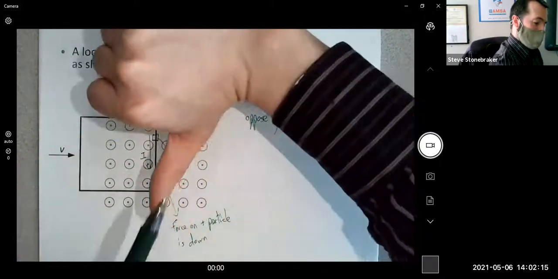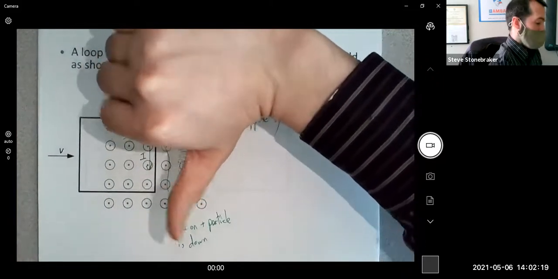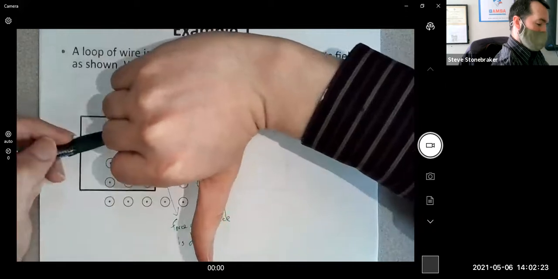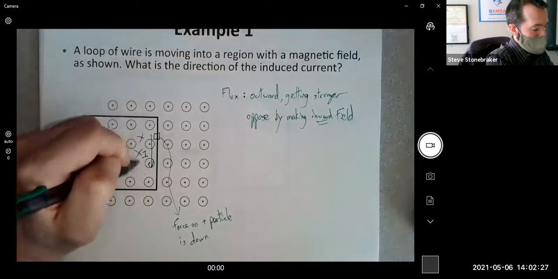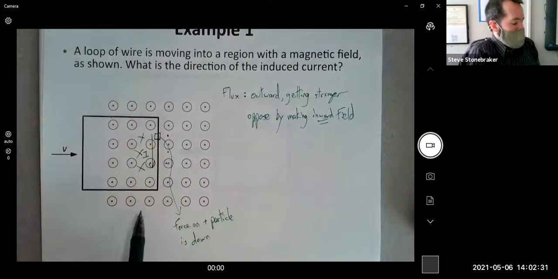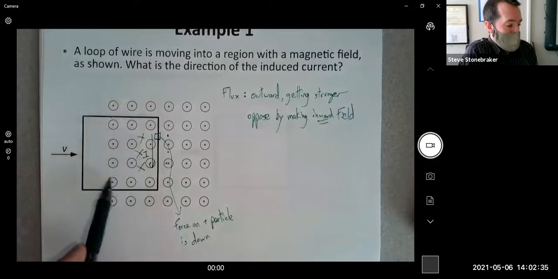So I'm using this rule where my thumb is the current, and then the field goes around my thumb. If the current goes this way, then I make X's on the left, and I make dots on the right. But I only care about the left side because that's the inside of the loop, that's the interior.